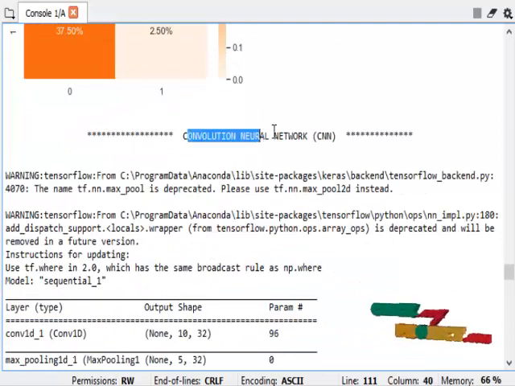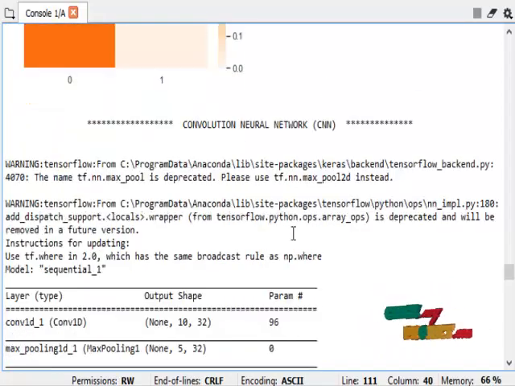And then CNN. CNN means convolutional neural network. This is our proposed algorithm.